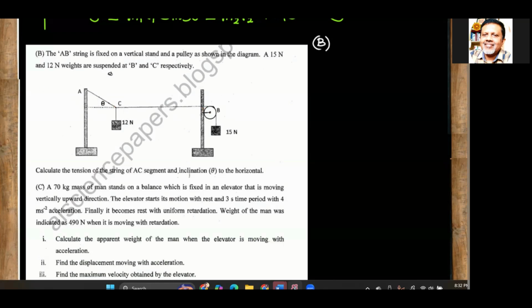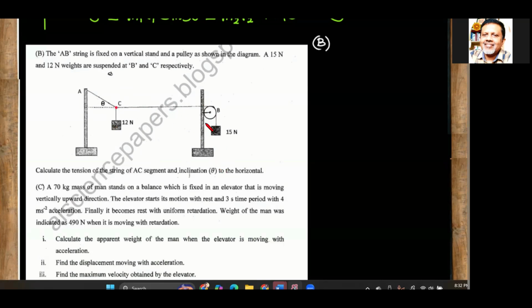However, because of the connection here, we cannot consider the tension throughout this string is constant. We have to consider this as 2 parts or maybe 3 parts of the string connected at the point capital Z. Therefore, when you mark the forces, right, we have to carefully do that.